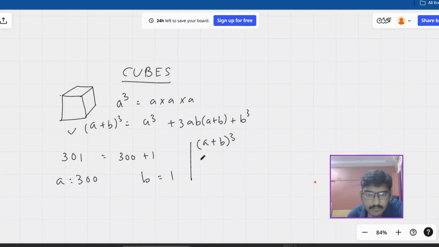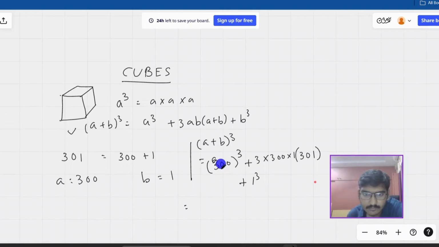That means a plus b whole cube equals a cube, that is 300 whole cube, plus 3 of a into b, that is nothing but 3 into 300 into 1, right? Here a plus b is nothing but 301 itself, and plus b cube is 1 cube.